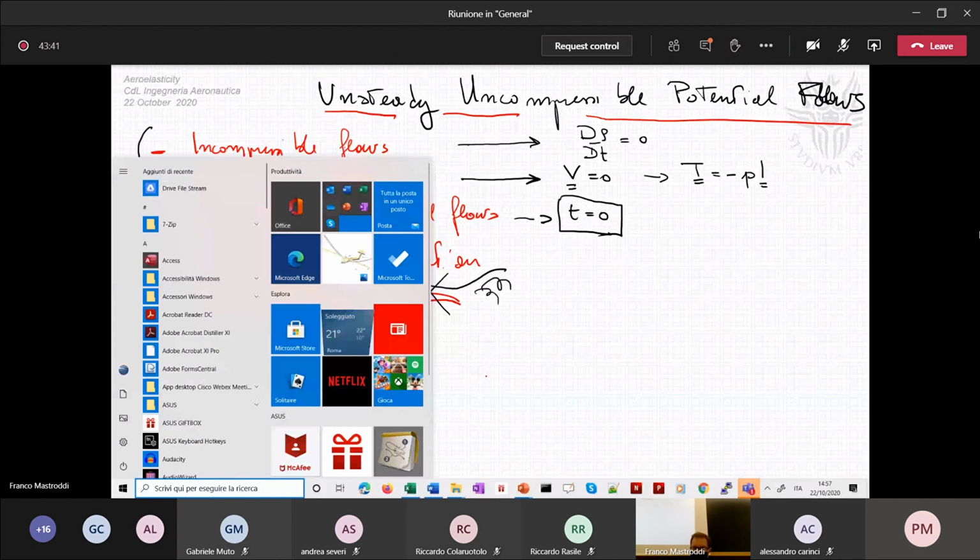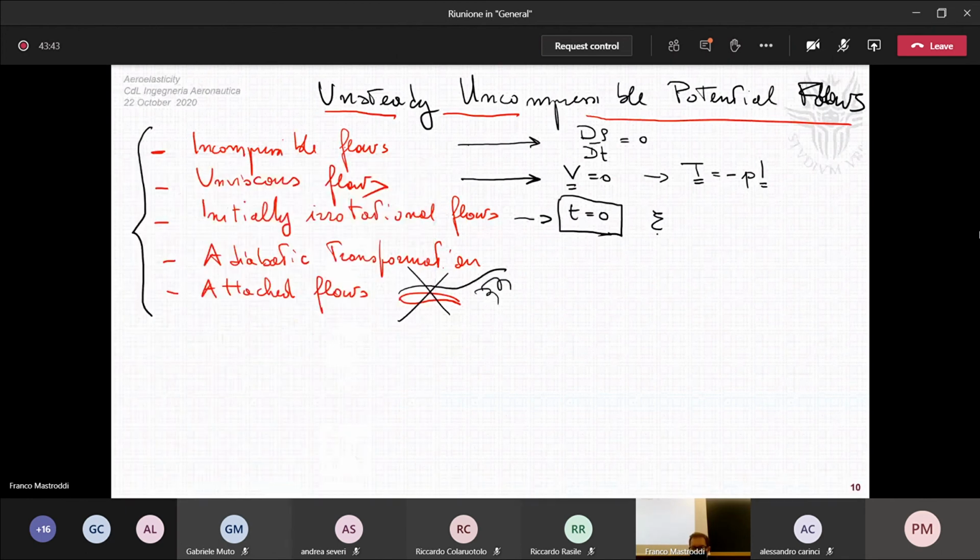Zeta is a vector. This is the rotor of the velocity. And so rotor in English is rot of v. This is the symbol, and this function is a function of x and time, but we are at time equal to 0.